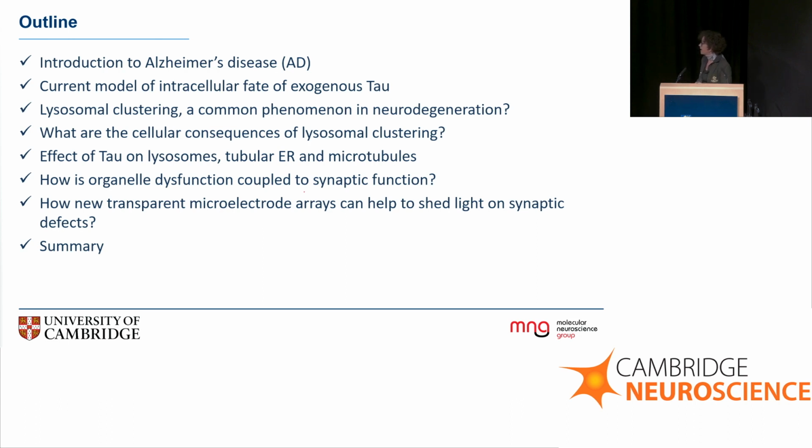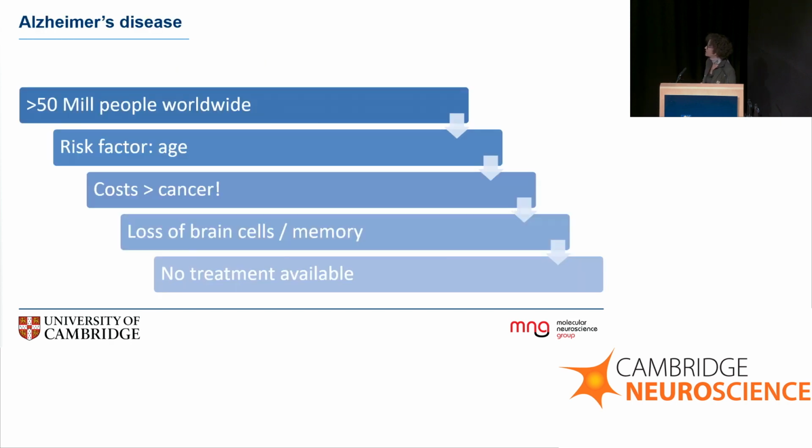At the very end of my talk, I will talk about some new tools that we have developed in the lab. These are transparent microelectrode arrays. With those, we might be able to shed light on some of these synaptic defects that we see in the cells. Okay, let me start.